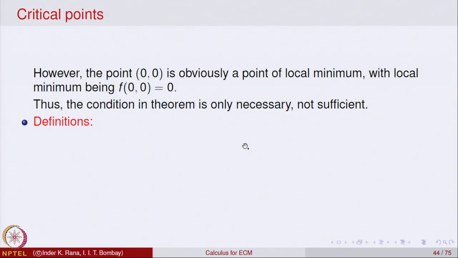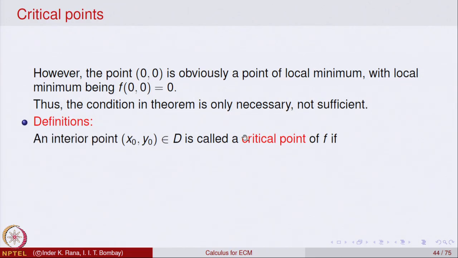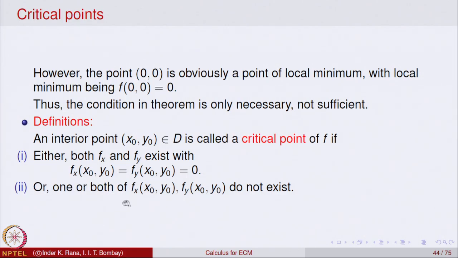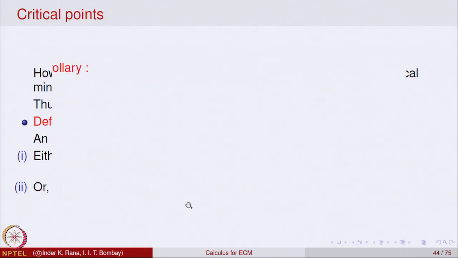So, let us define what is called a critical point. Like in one variable, an interior point in the domain of the function will be called a critical point if either both f_x and f_y exist and are equal to 0, or the second possibility is that one or both of them do not exist, like in one variable where the derivative may not exist.